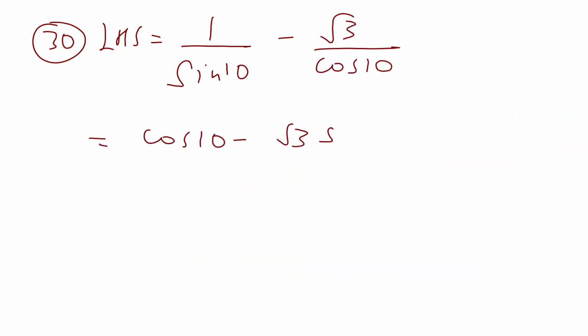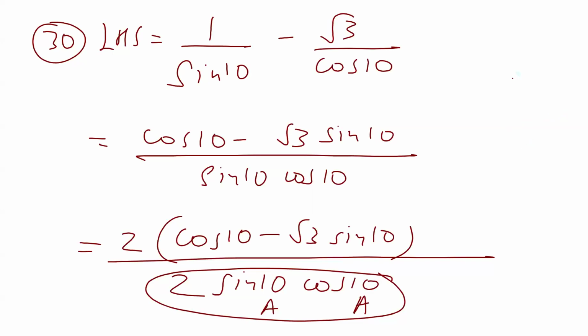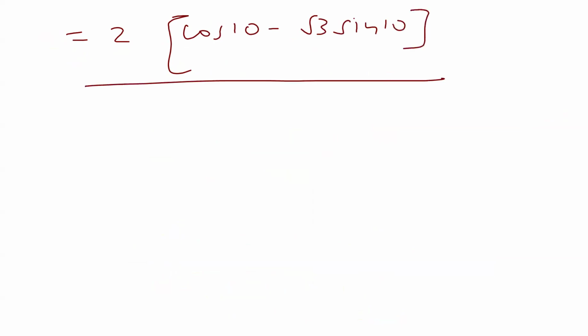Okay, now see, this is 2 into cos 10 minus root 3 sin 10. Down it is sin 20. Now the next step is very crucial.